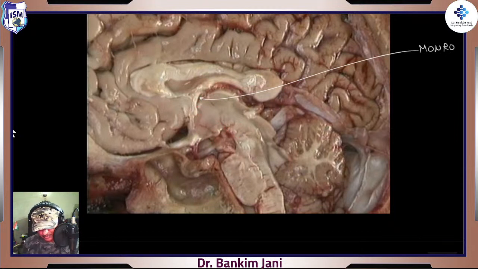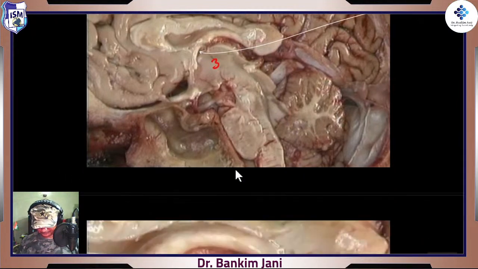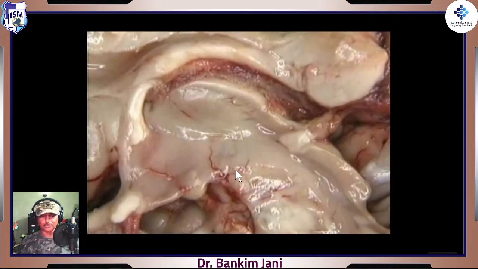It has to go like this. Let's see if there is a zoom figure. Otherwise, I'll just mark this. This is the third ventricle, and for the image, I'll just write 3 over here. So this is a midline section passing through the third ventricle. And this one is the zoomed one.